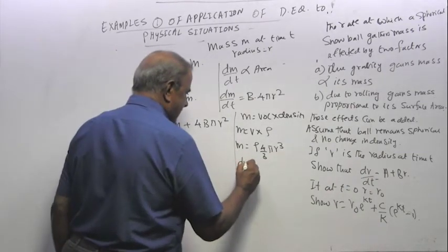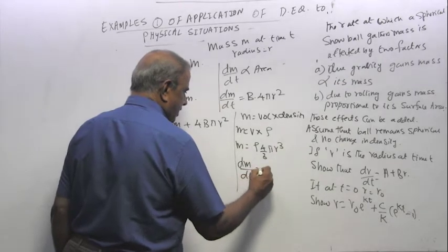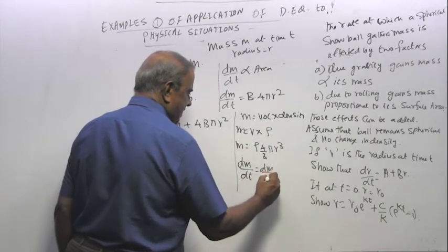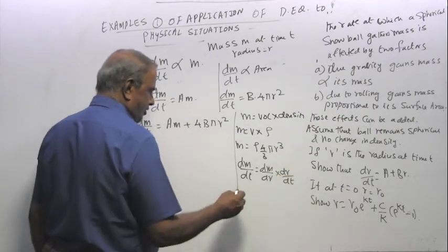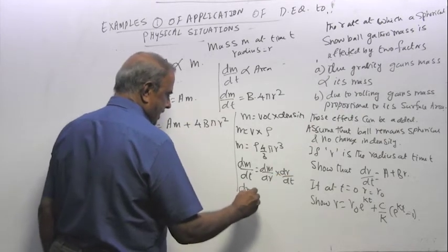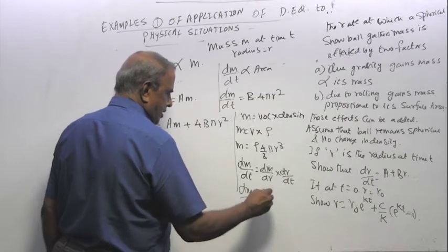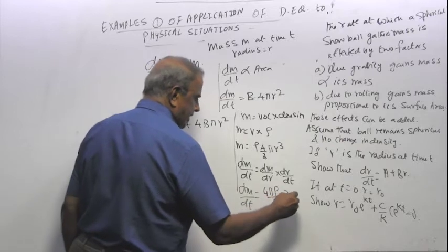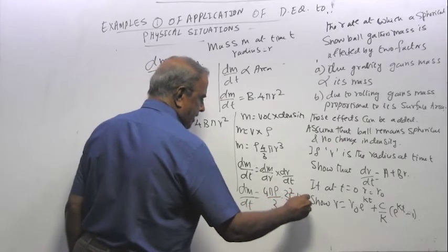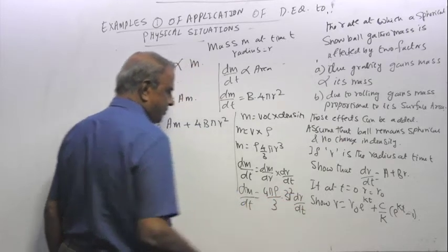dm by dt equals dm by dr times dr by dt. So therefore dm by dt equals 4 pi rho over 3, which is a constant, times 3r squared dr by dt.